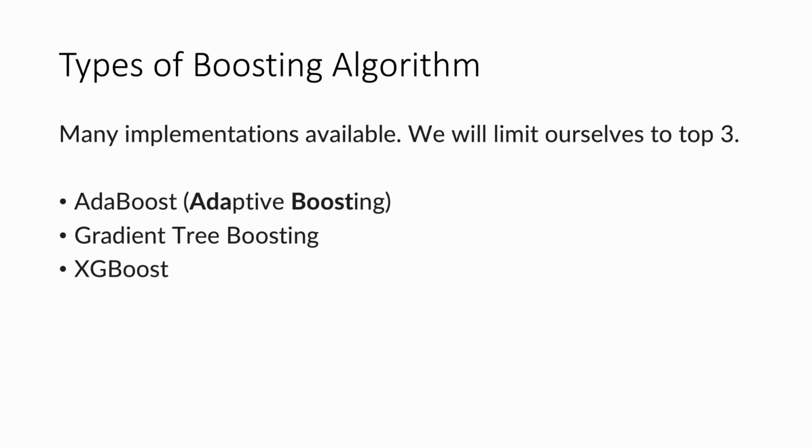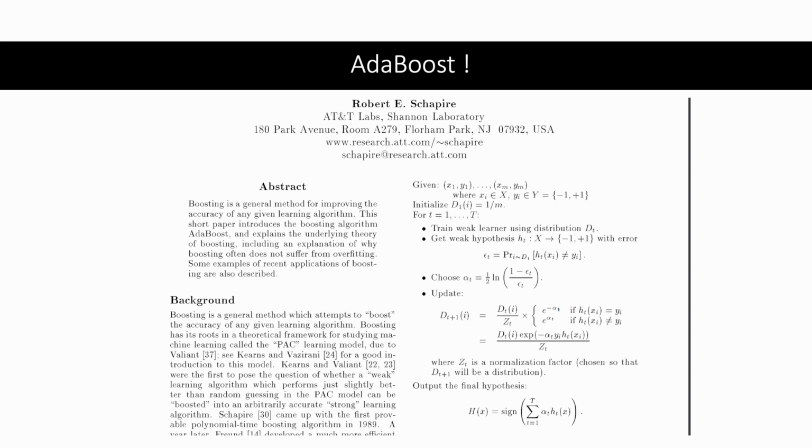Today we'll try to deep dive into adaptive boosting, AdaBoost, and we'll see how to code that using Scikit-learn also. So this is the original paper from 1995. Robert E. Schapire was the one who proposed this algorithm, AdaBoost or adaptive boost. This is the original paper. I have taken a screenshot from there, and over here he has tried to mention what the algorithm does, right?